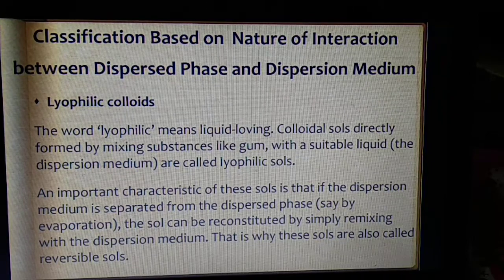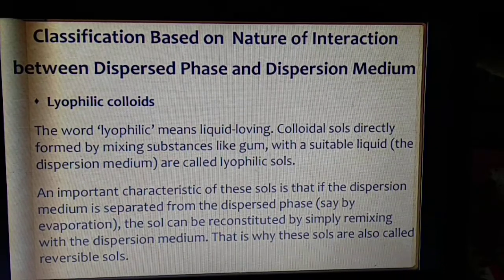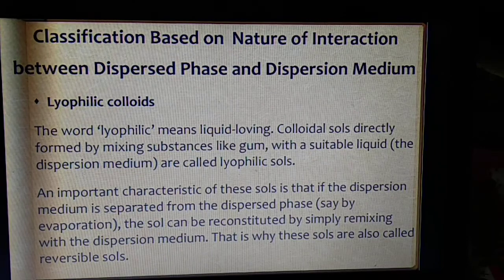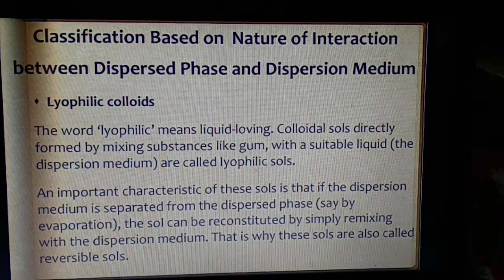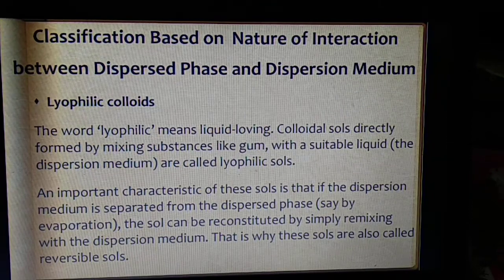But lyophilic colloids means there is a strong attraction between the dispersed phase and the dispersion medium. The example is gum with a suitable liquid. An important characteristic of these sols is that if the dispersion medium is separated from the dispersed phase, the sol can be reconstituted by simple remixing with the dispersion medium. That is why these sols are called reversible sols.